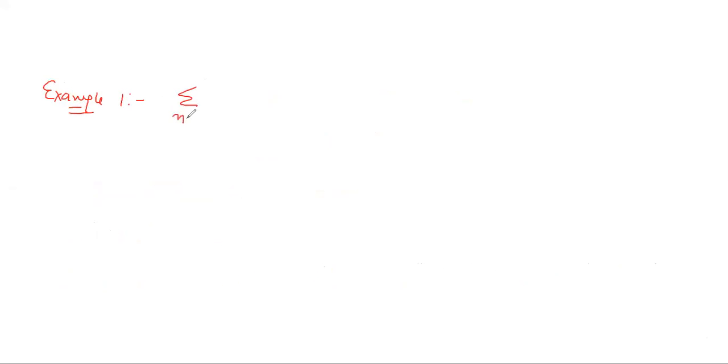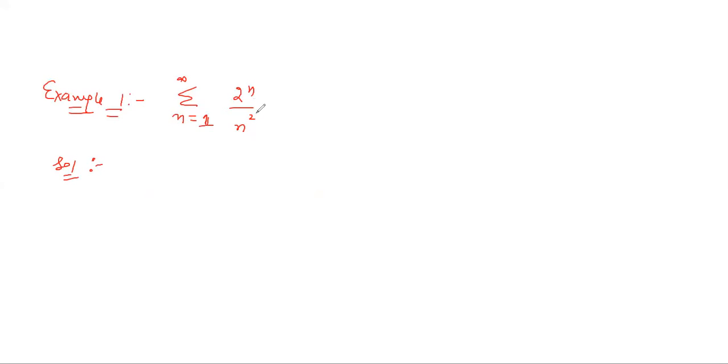So let's do this example. Summation n equal to 1 to infinity of 2 raised to power n by n square. I gave you the hint yesterday on how you identify whether we can try the nth root test or not. Just like for the ratio test, I told you that whenever you see factorials in the question, most of the time those questions are solvable using the ratio test, because the calculations become simpler when you take the ratios of the factorials.